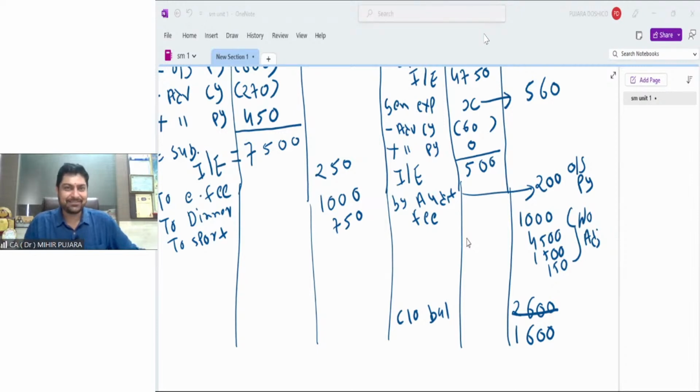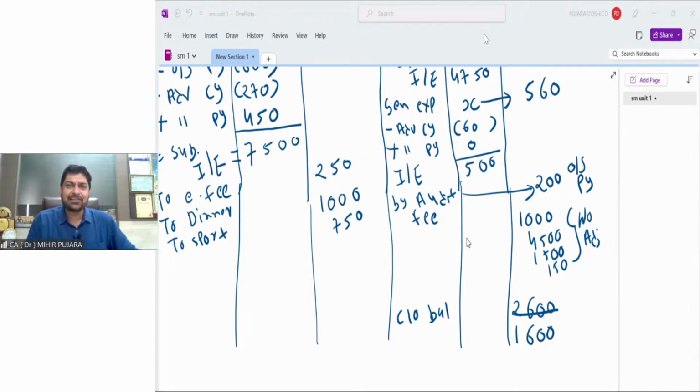Accrual concept. Even if it is not paid, we need to show in INE.